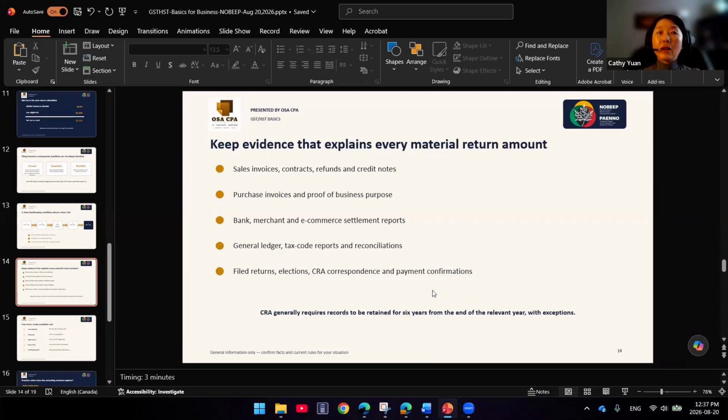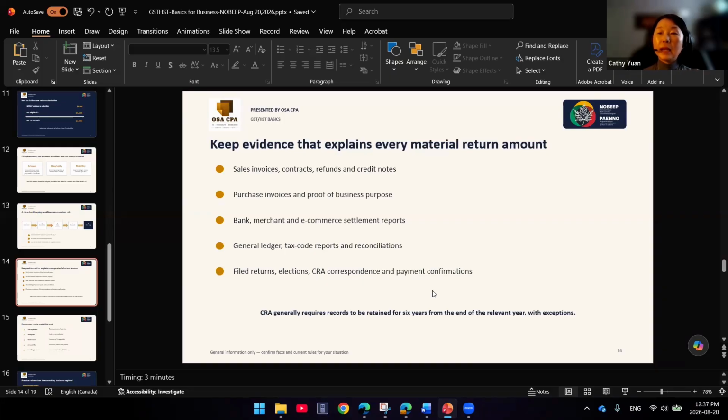I also educate my clients. At the beginning, you need to get a folder to record all the expenditures.